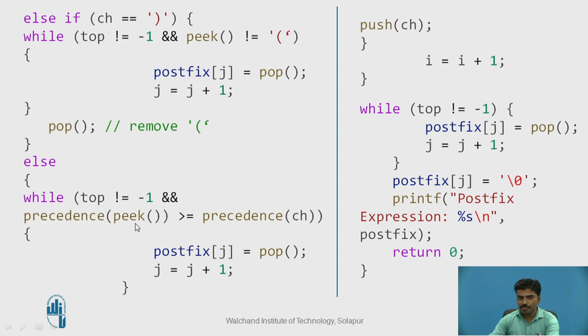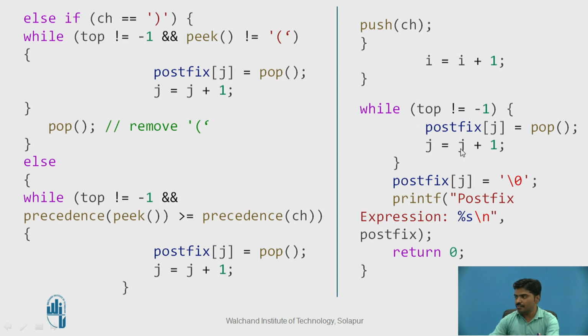If the precedence of the peek element, meaning the top element, is greater than or equal to the precedence of your current character, you have to pop all those elements and increment j is equal to j plus 1. And last, push the current character onto the top of the stack and increment i by 1.